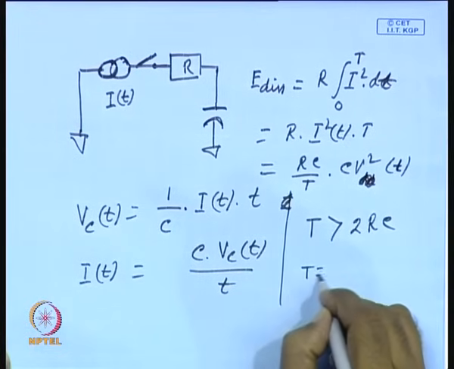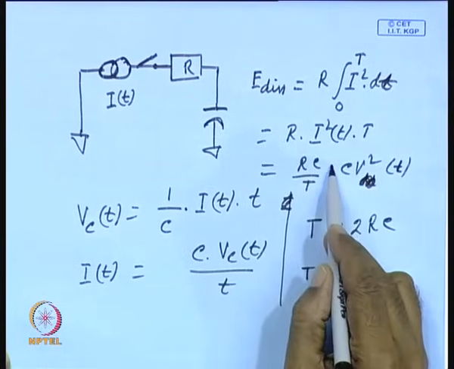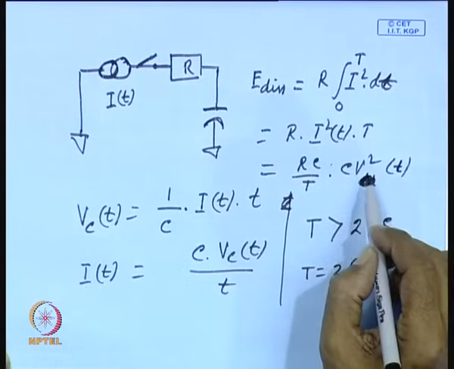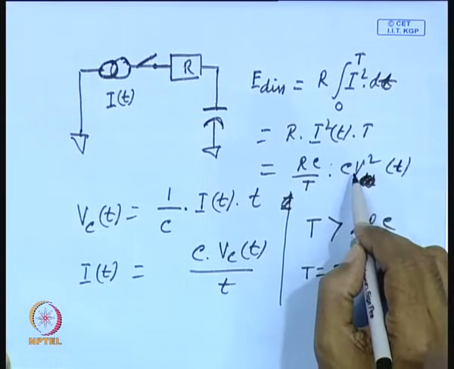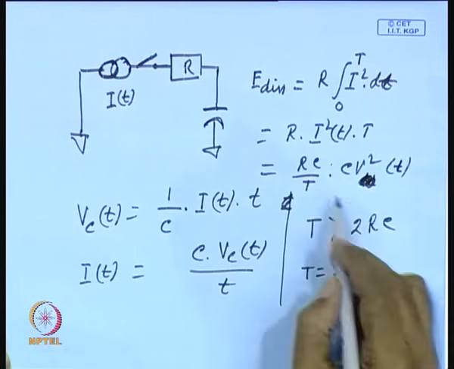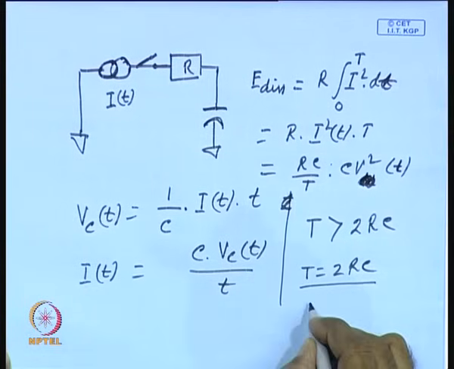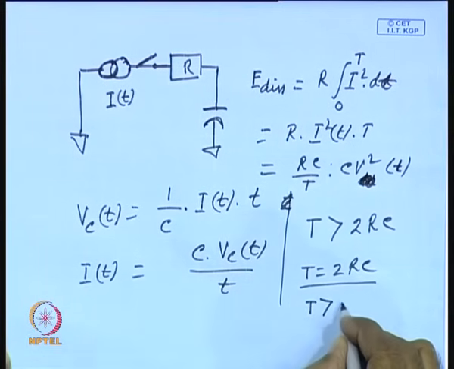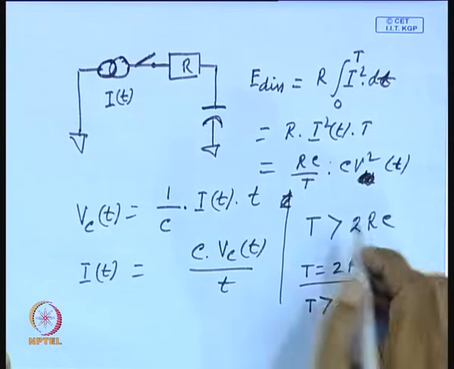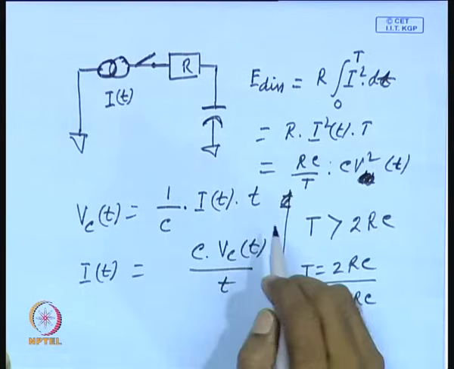When t is equal to 2RC, this value will become equal to half C VDD square, that is, V(t) square. That will be the energy dissipation when t is equal to RC. Now, if we make t greater than 2RC, then obviously this will be lesser than half C VDD square.